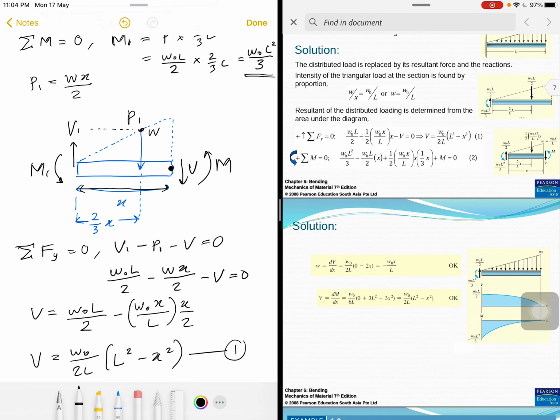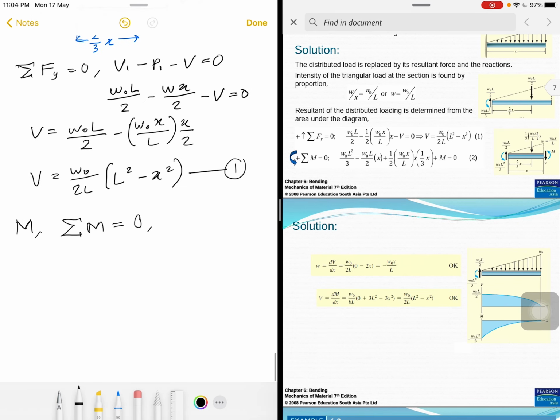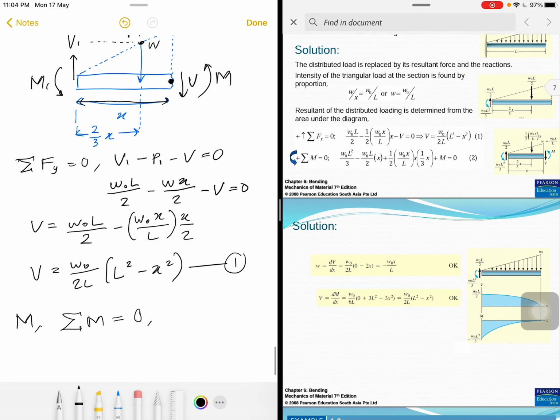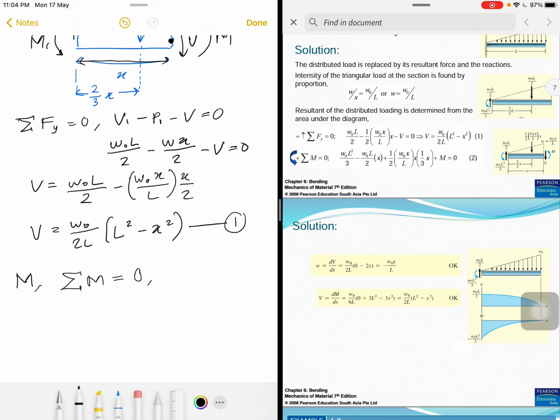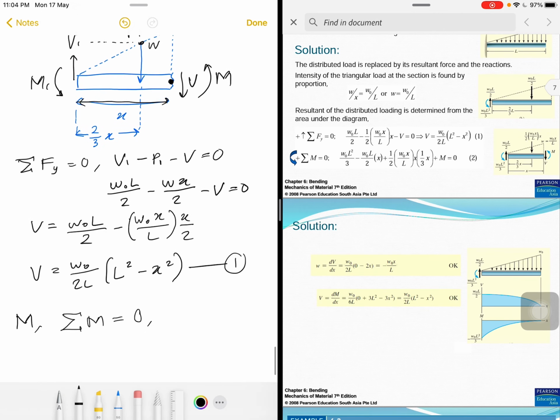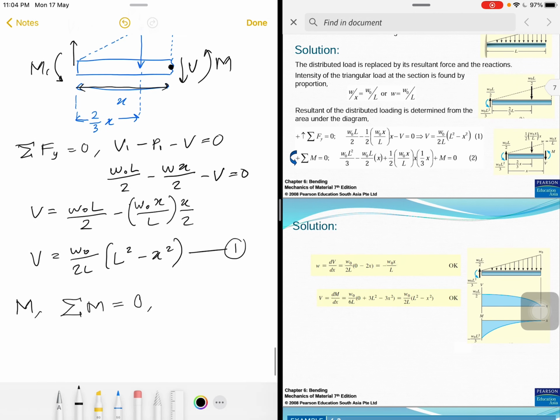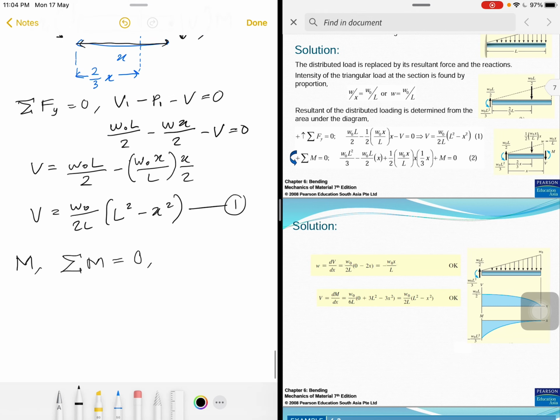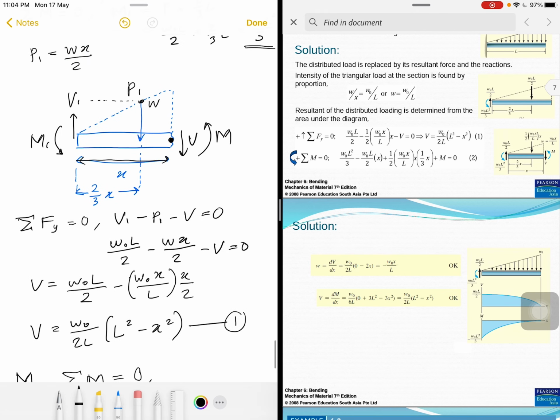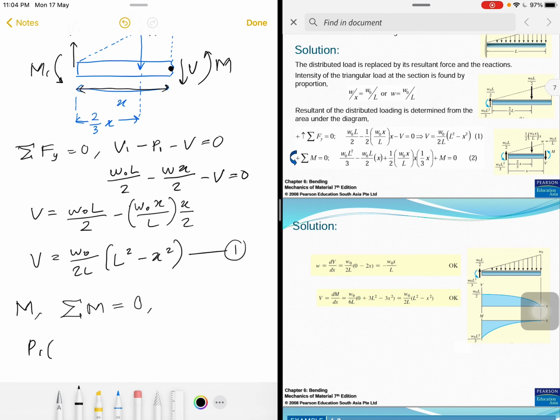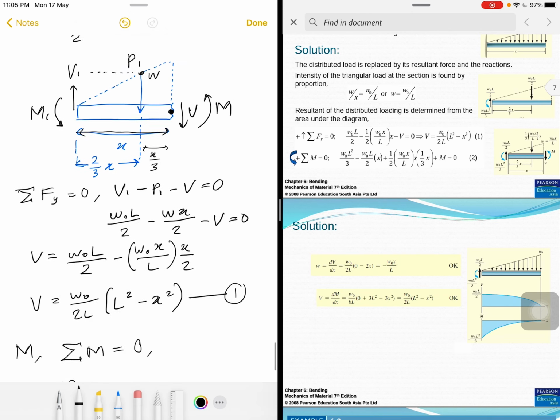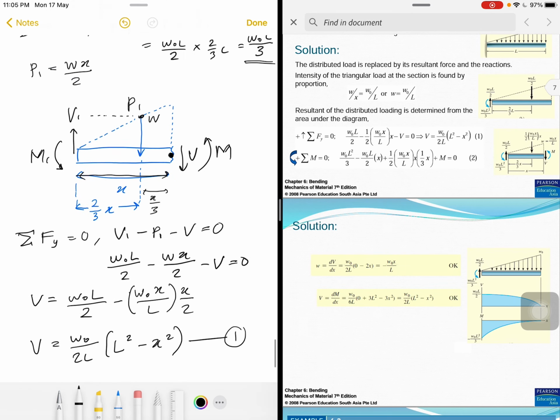Usually we will make the cross section the pivot. Alright, so we just put everything involved in the diagram. So P1 times the length. What is the length? Length from this point to here. So this is x over 3. Okay, P1.